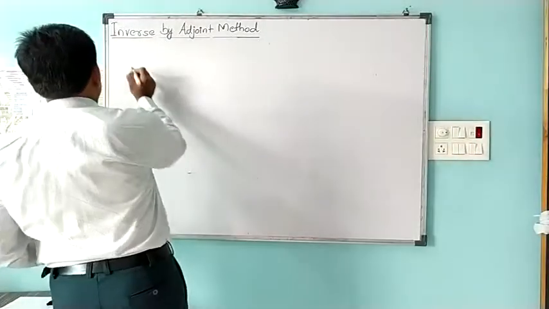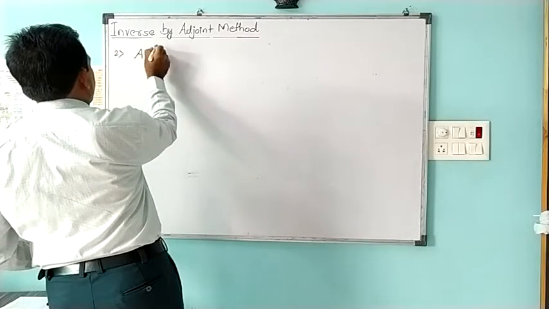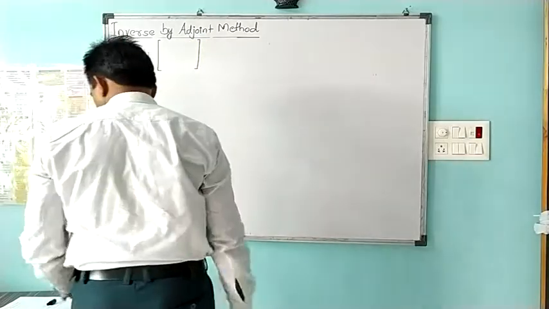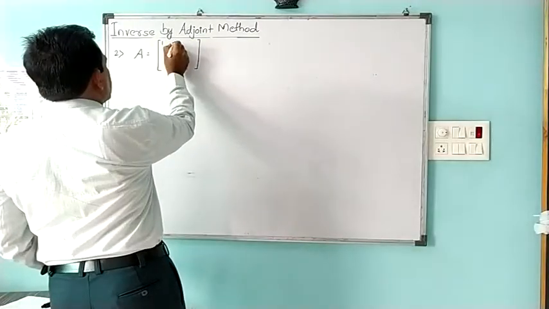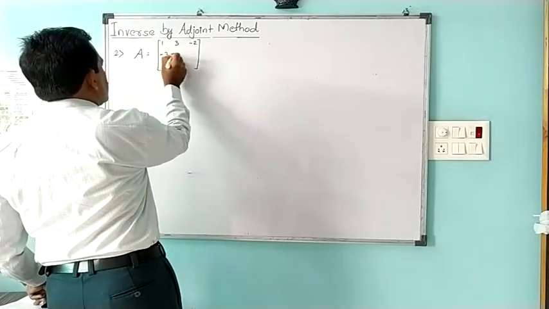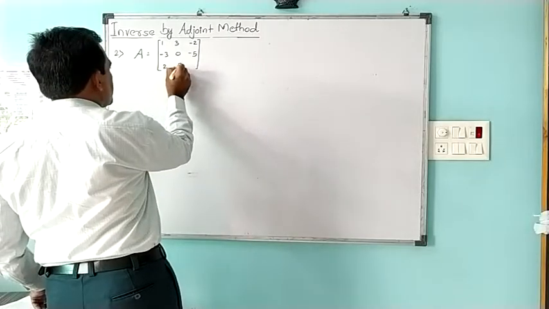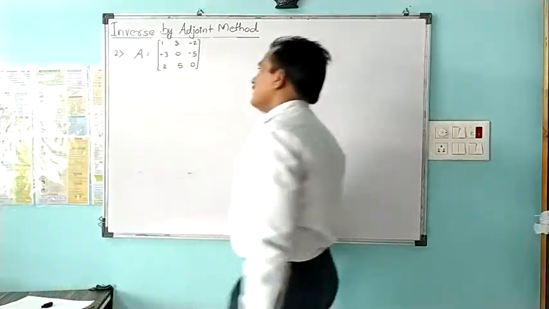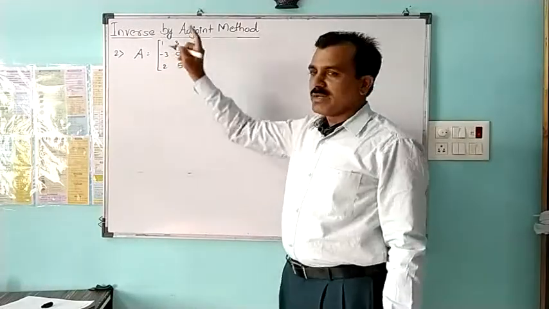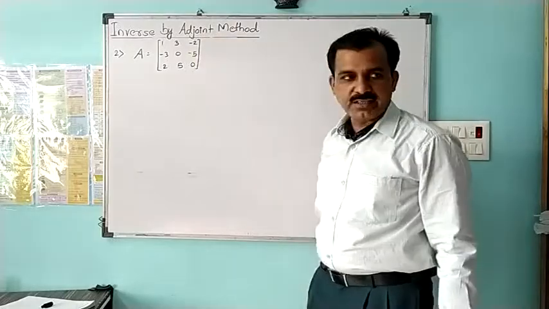If I use the second example with the matrix capital A having 9 elements as 1, 3, minus 2, minus 3, 0, minus 5 and 2, 5, 0. So this is the matrix whose inverse is to be evaluated by using the adjoint method.